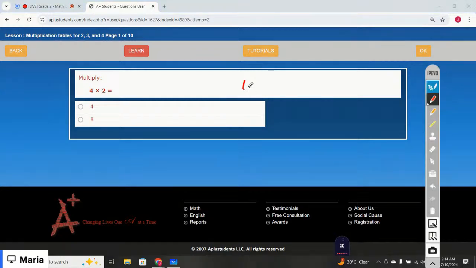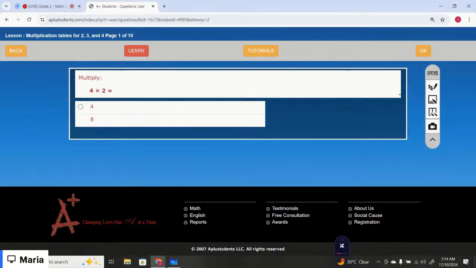You can do 4 plus 4 or 2 plus 2 plus 2 plus 2. They both are exactly same, right? So when you add them, 4 plus 4 is 8. So the correct option is 8. That means 2 times 4 is 8. Option number 2 is the correct option.